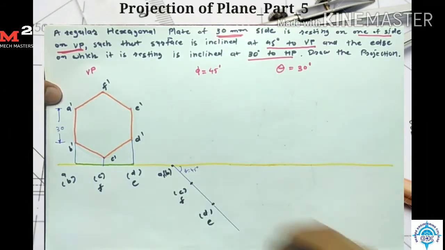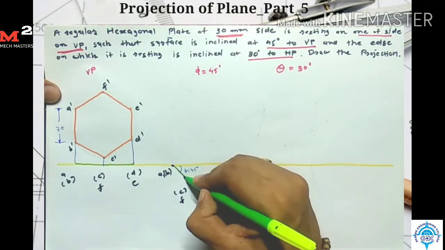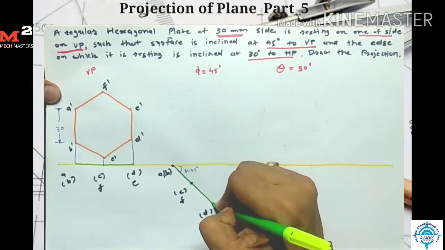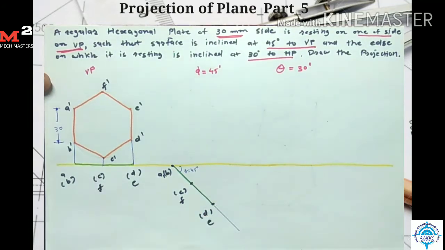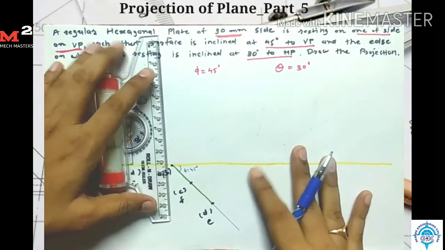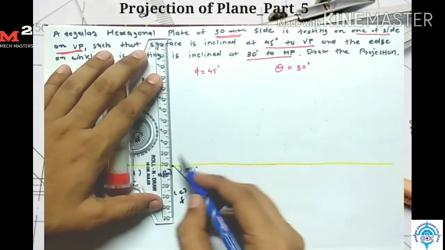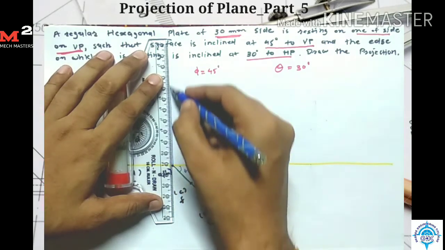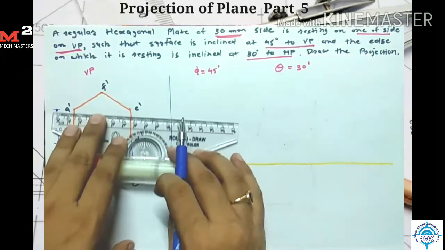So this line gives me the top view for the second stage. Now for drawing the front view, I take the projection from all the points. For point A, I take the projection from here and from here.